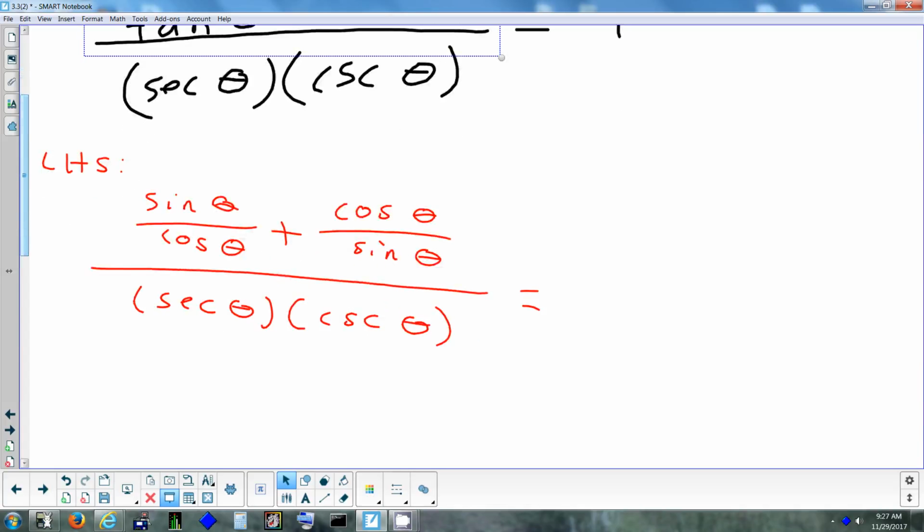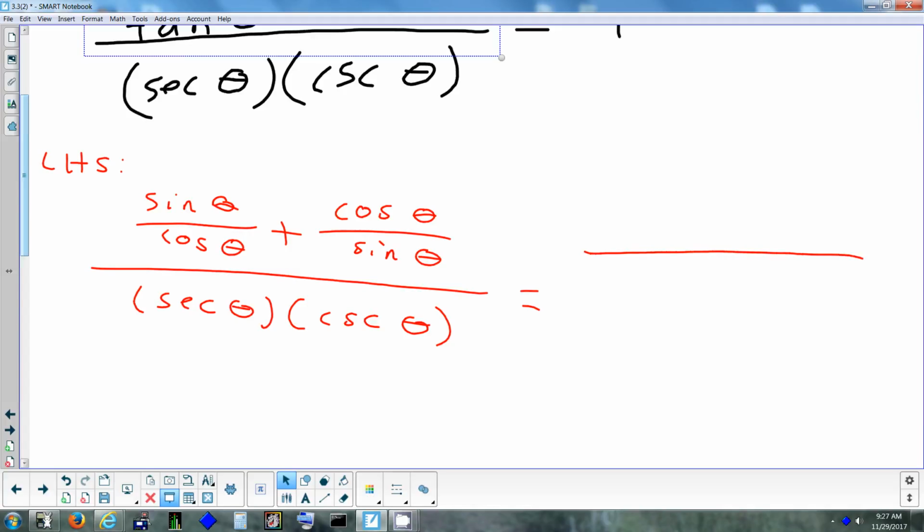What trick can I use in the top now? It's set up perfect to use this next trick. Common denominator. You've got two fractions with different denominators. Try finding a common denominator, and if you do, something nice is going to happen. Alex, could you tell me what my common denominator would be?